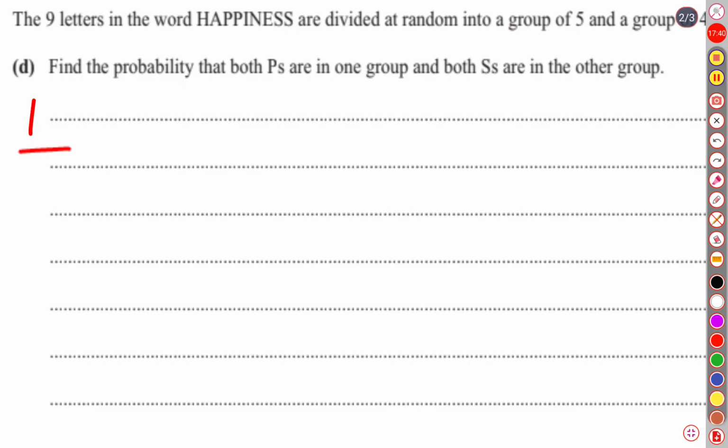Suppose P's are in the first group. So we have already chosen P, then there are 3 more letters that can be selected. And in the second group, there will be S's, because identical letters cannot be in the same group. Total 9, okay?